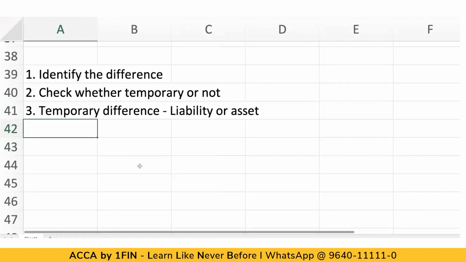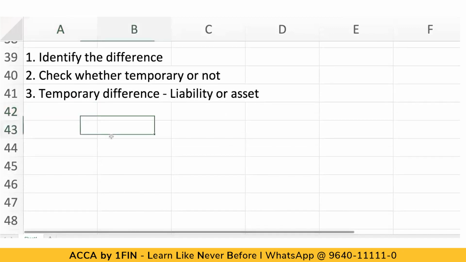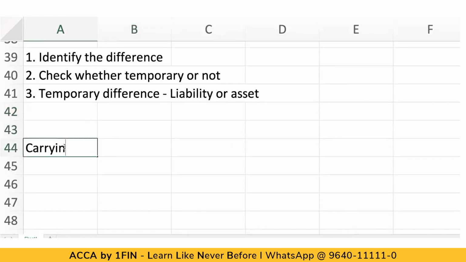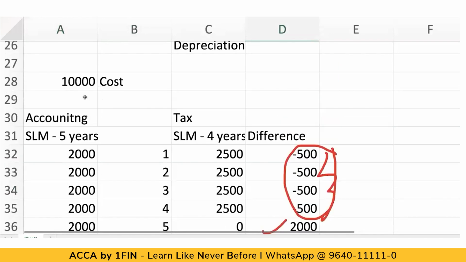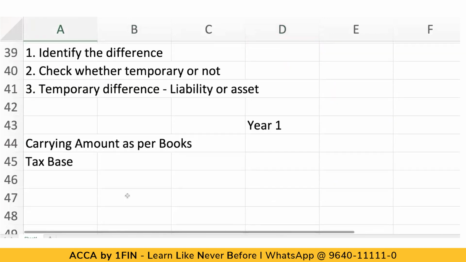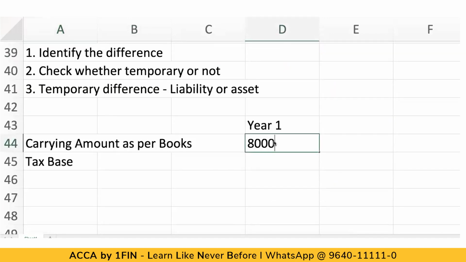Now, the way we will calculate deferred tax for the purpose of IAS 12 is take the carrying amount as per books, take the tax base. For example, in year 1, 10,000 minus 2,000, carrying amount is 8,000.